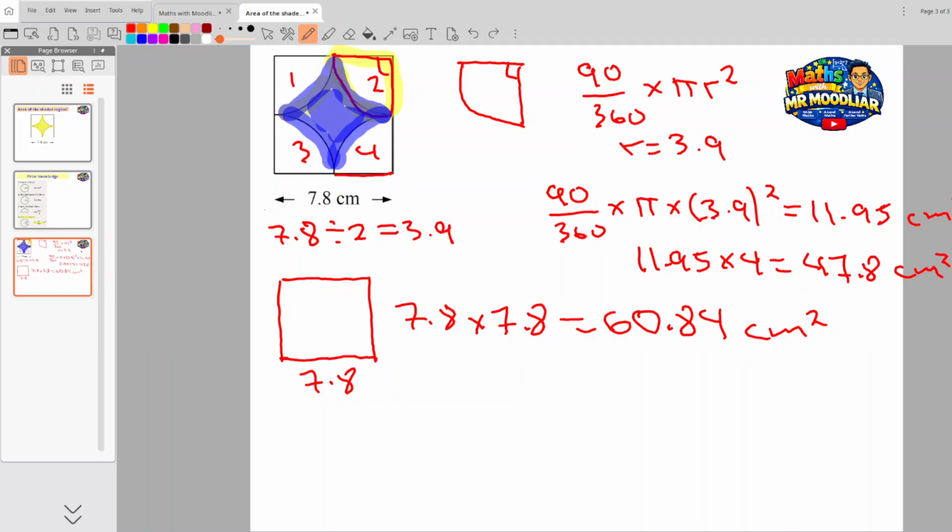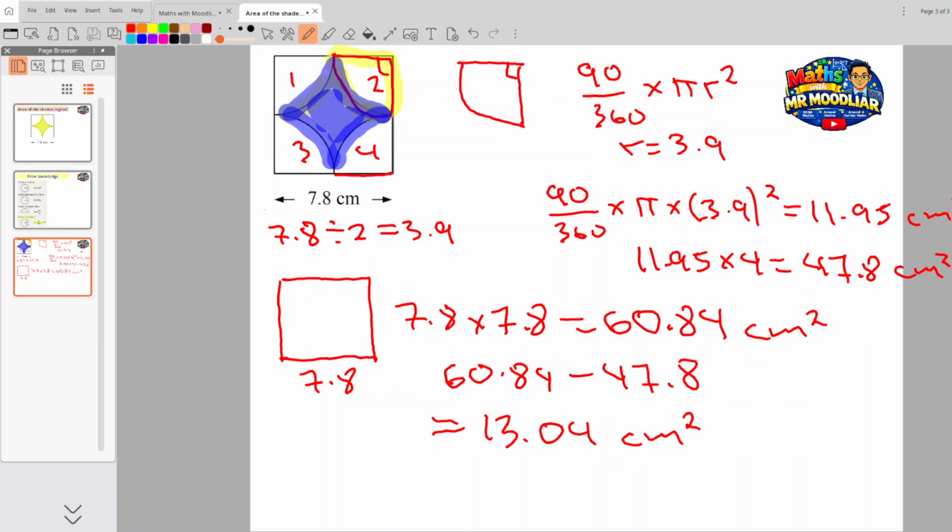Well, it's the area of the square, which is 60.84, subtracting 47.8. So my answer would be 13.04 centimeter squared.